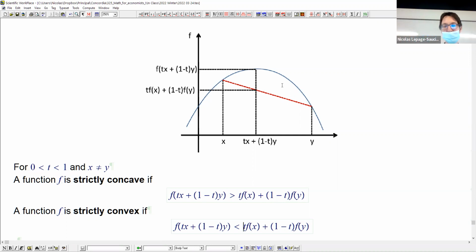So you can imagine that then the function would look like the mirror image of that one. And then you could take a linear combination, and it would always be under a linear combination of f of x and f of y.